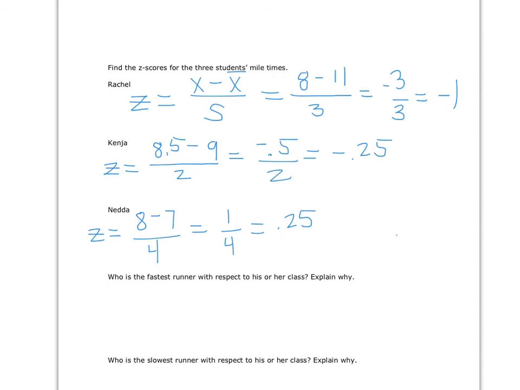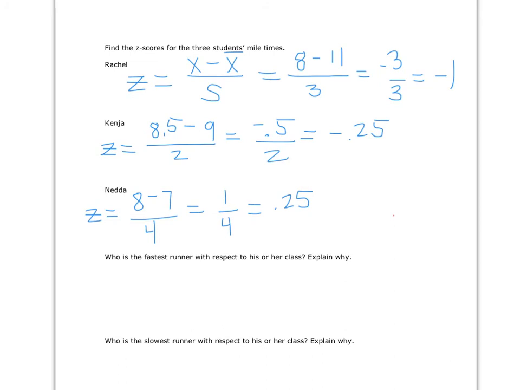So who ran the fastest with respect to his or her class? Well, we already kind of talked about this. We basically want the one with the z-score that is the most negative. So that's Rachel. Rachel's time is below the mean, so faster than the mean time.